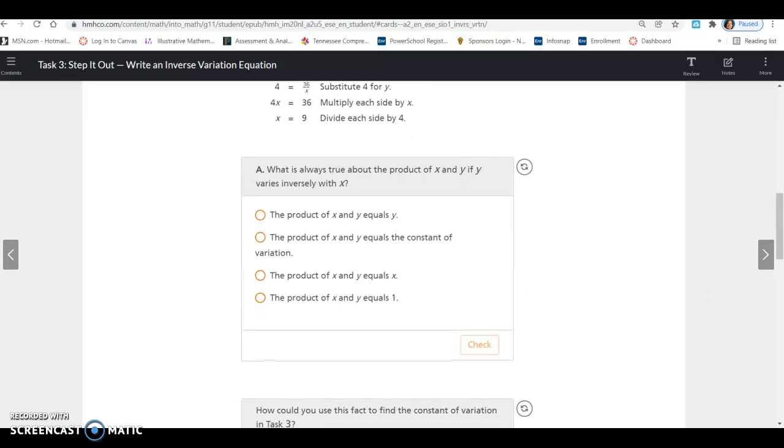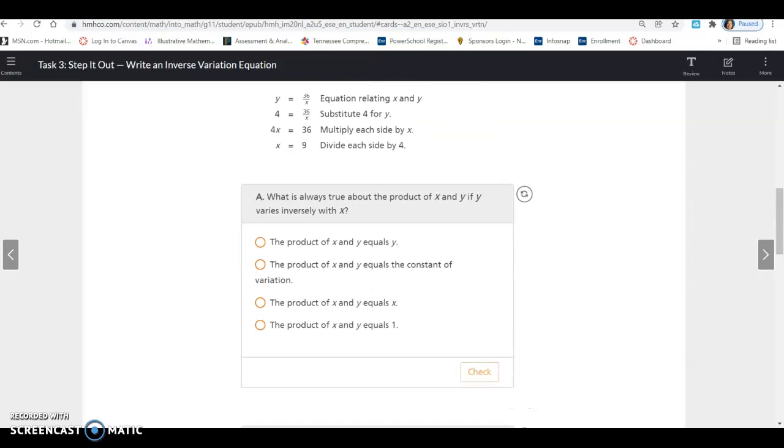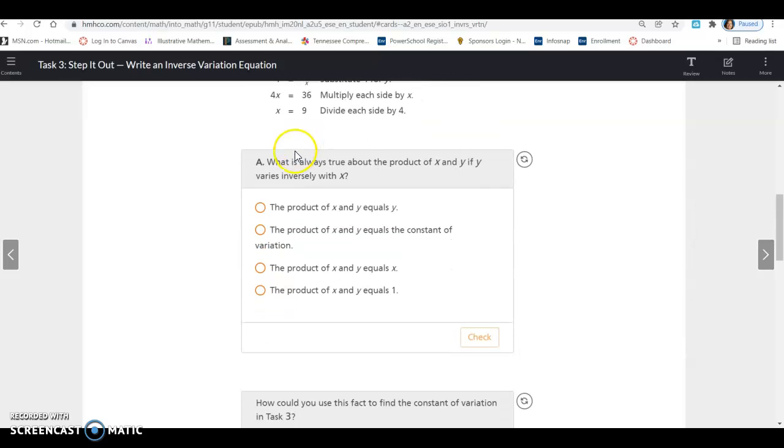Alright, it says, what is always true about the product of x and y if y varies inversely with x? Well, if you look at the equation, y equals a over x. If you're talking about the product of x and y, when you multiply both sides by x, x times y equals a. So you're going to find that it's the constant of variation.